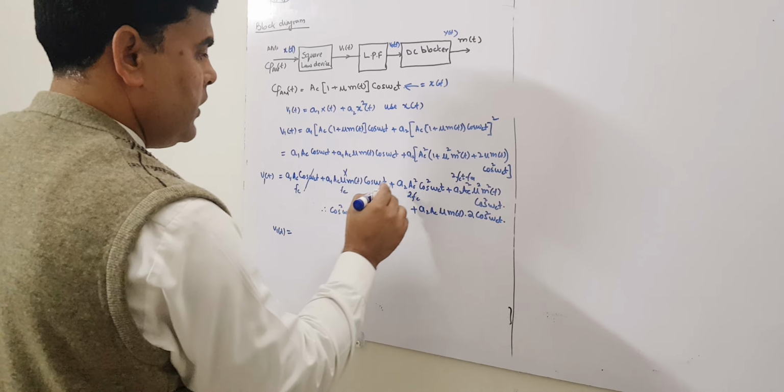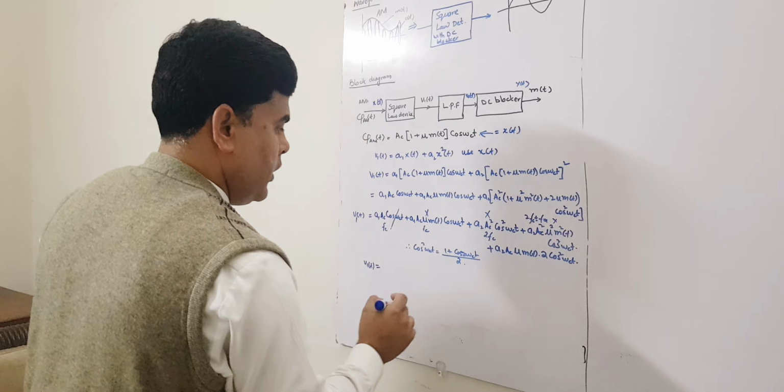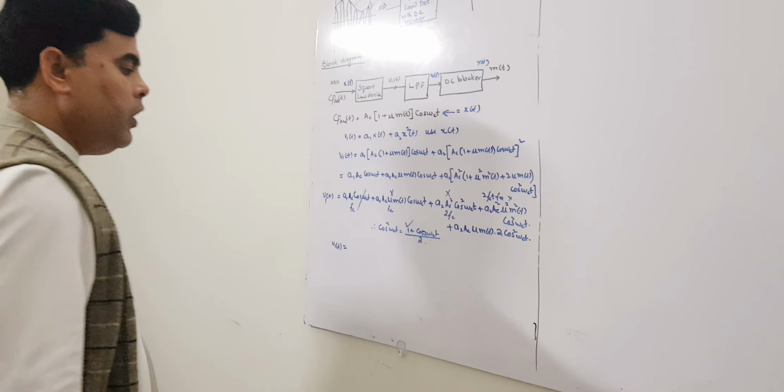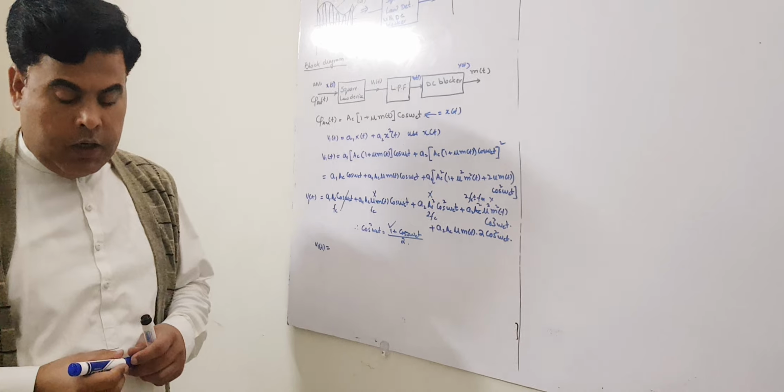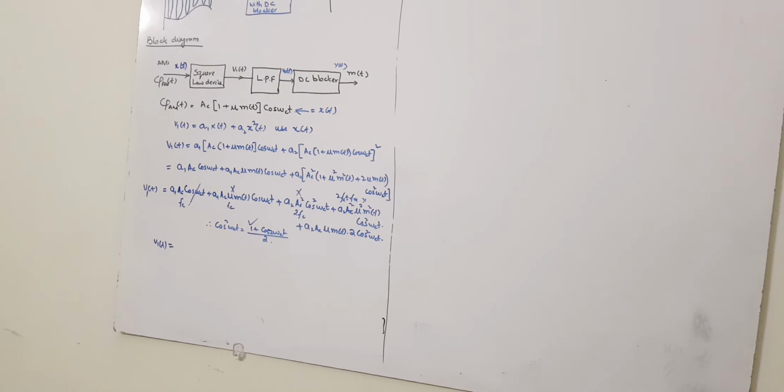It will not allow to pass this one. So the only signal that it will allow to pass is B AC square.